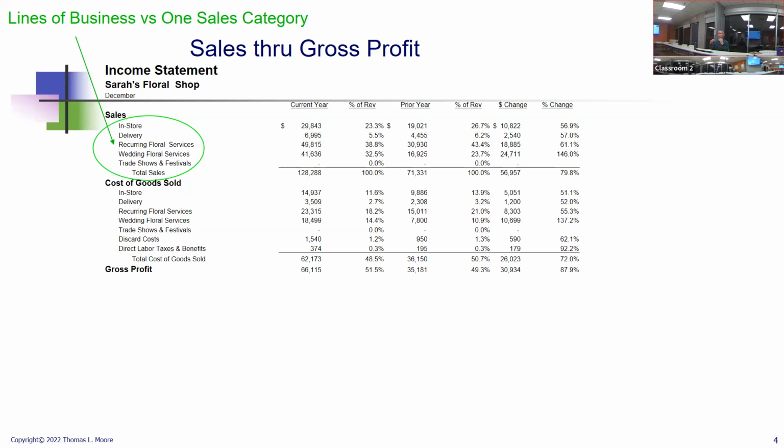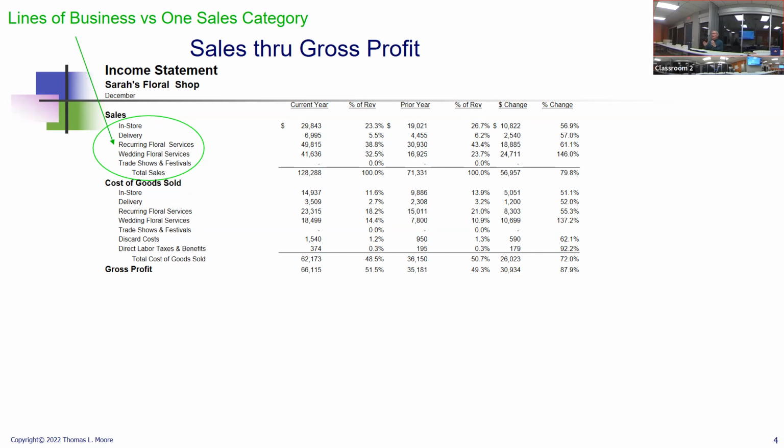So what Sarah has done in this example is she's broken out her sales by category, which is a really helpful way to understand and look at which of my products or which of my services is doing better, where am I seeing growth? And it also helps you start to see a little later on, we'll recognize it, where am I profitable? What's contributing most to my profitability?